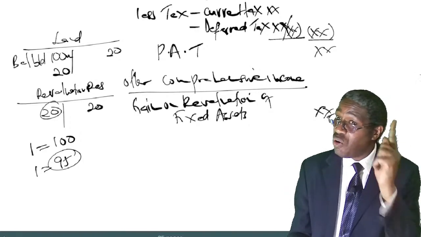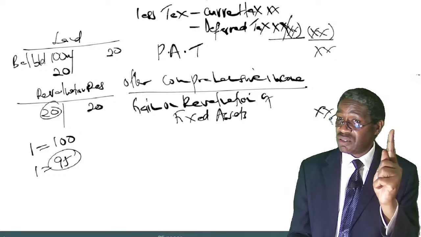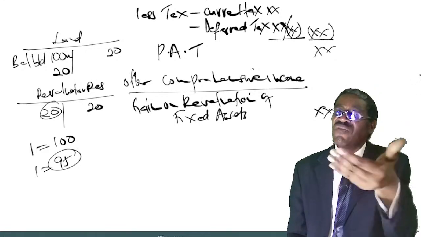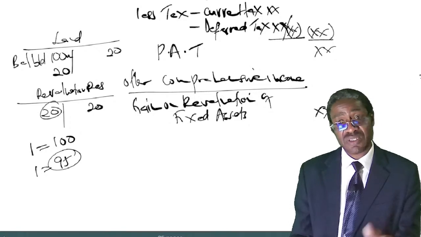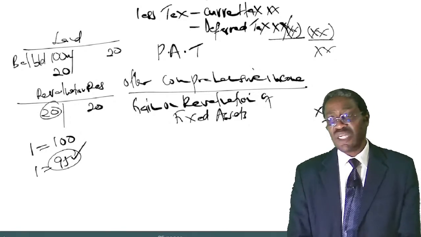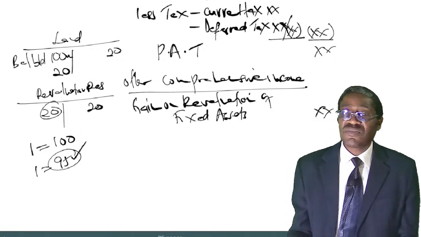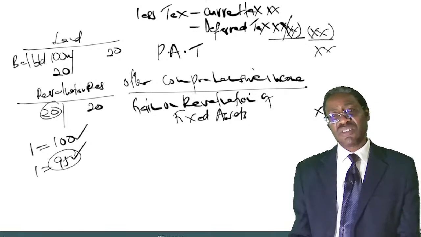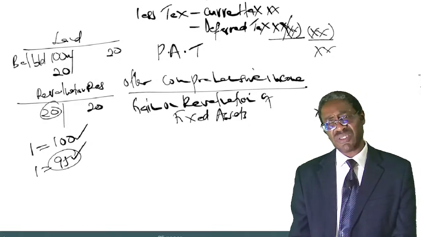Remember, you still owe the company $1. But by the end of the year, $1 is equivalent to 95 shillings. So you will pay them 95 and you have already cleared their debt. But when you bought these goods, you owed them 100 shillings. So there's a difference of 5 shillings.